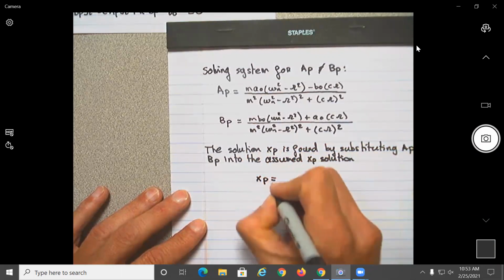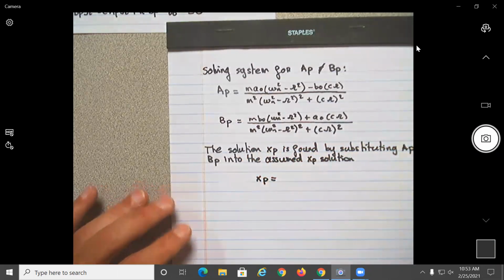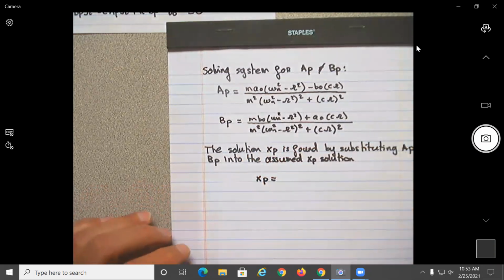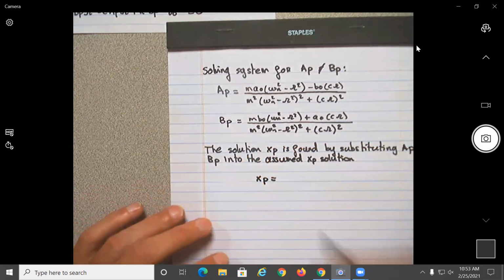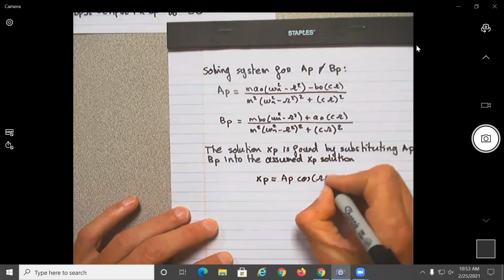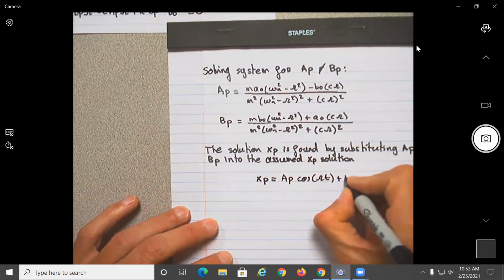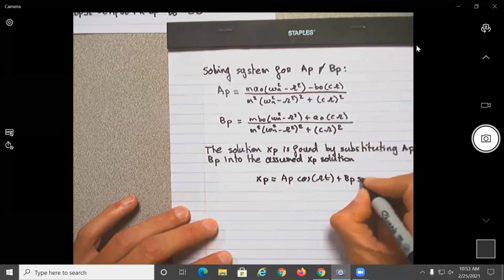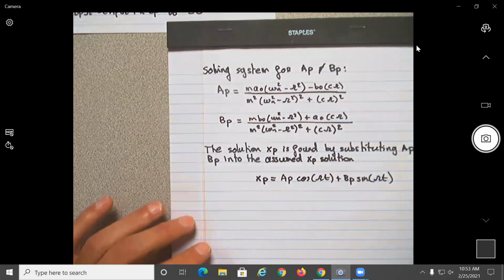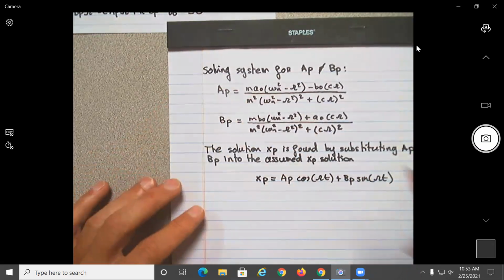X of p assumed solution, we had, what do we use? A sub p, no? If I remember right, yeah, A sub p cosine omega t plus B sub p sine omega t. Okay, so I'm not going to put those values, okay? I think it's a waste of time.